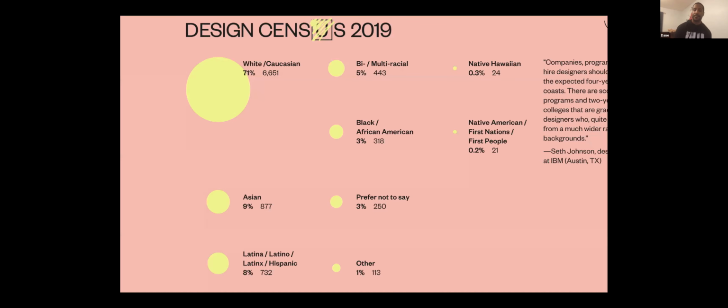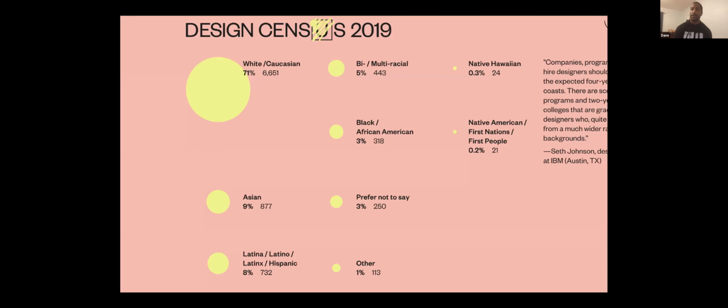Based on a design census done by AIGA, design is not what you would call a very inclusive or diverse industry. The Black and African American population is at 3%, the Latinx population at 8%, which has remained unchanged for like 2 years.